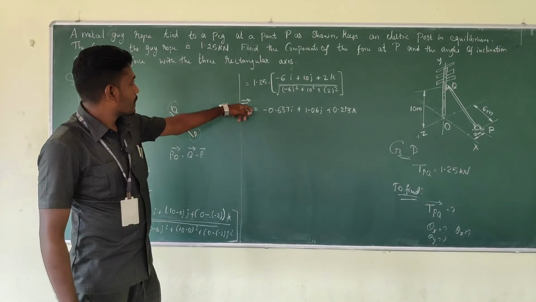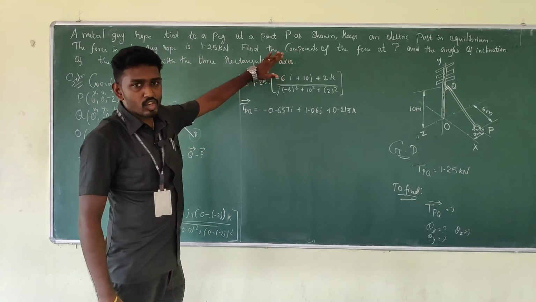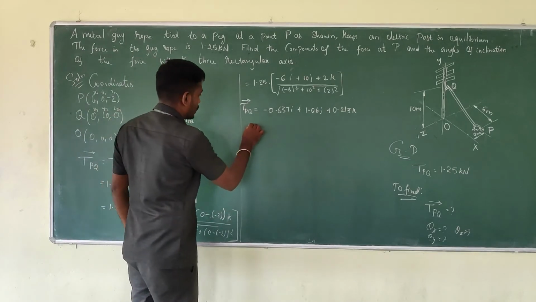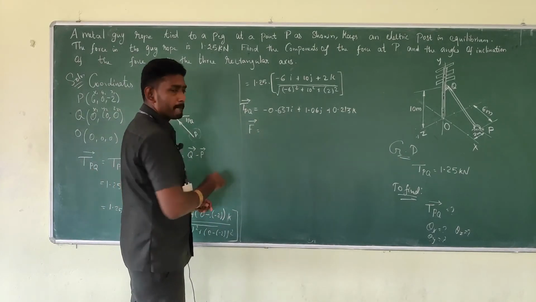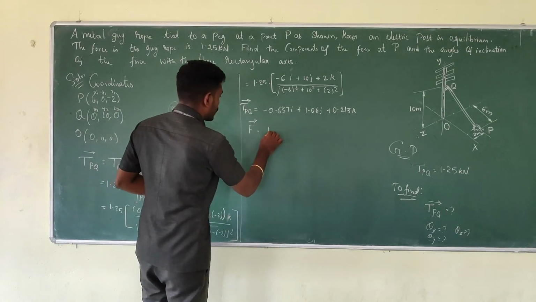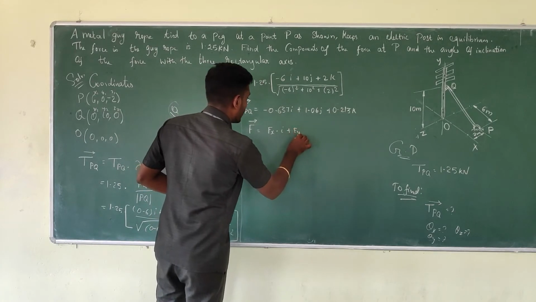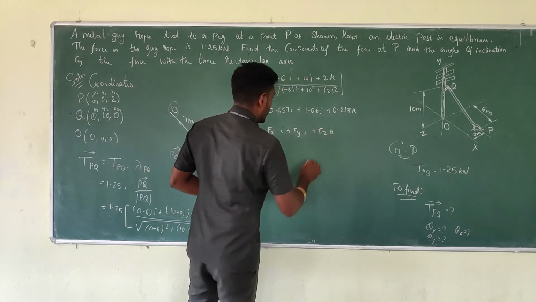So in our question, it is mentioned, find the components of forces at P. Each component we need to specify, okay. In general, if there is a force vector, the structure of the force vector formula will be Fx into i plus Fy into j plus Fz into k, okay.